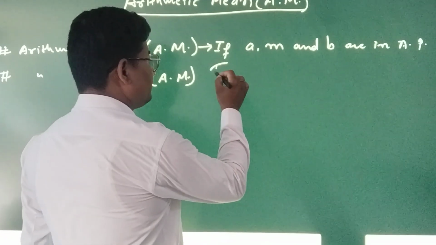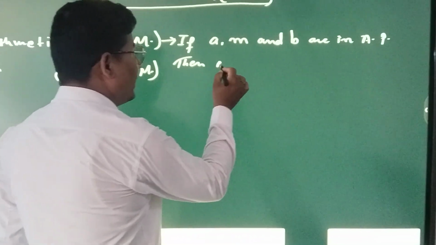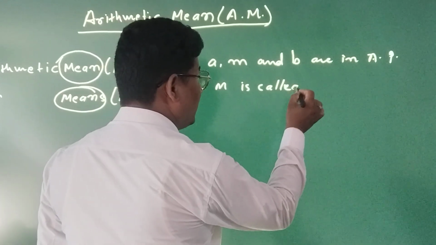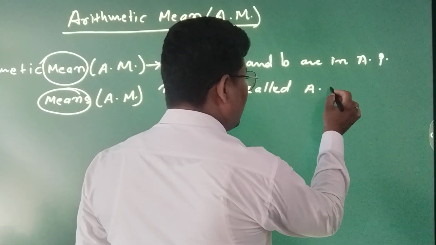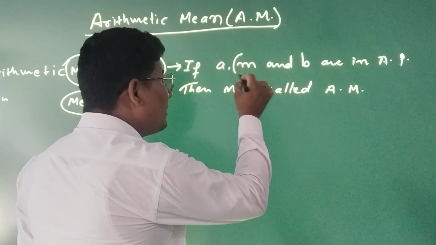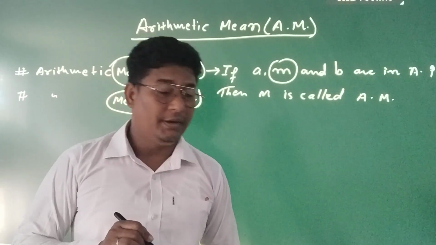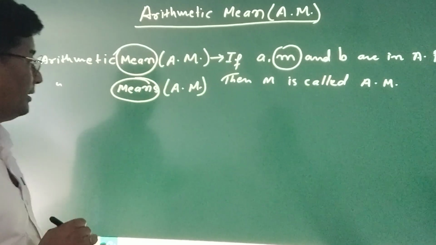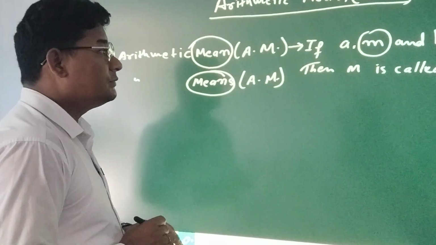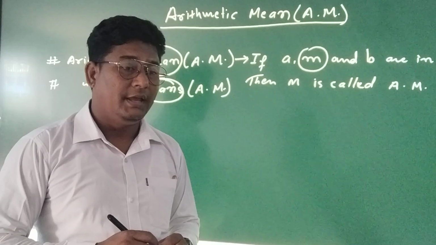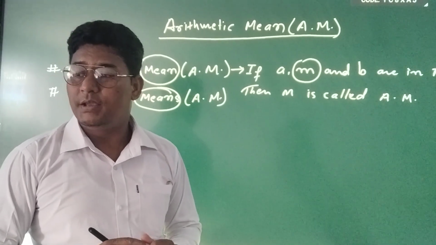If there are three terms only, then M is called arithmetic mean. This M, the middle value, is the arithmetic mean. And the formula of arithmetic mean is (A plus B) by 2.